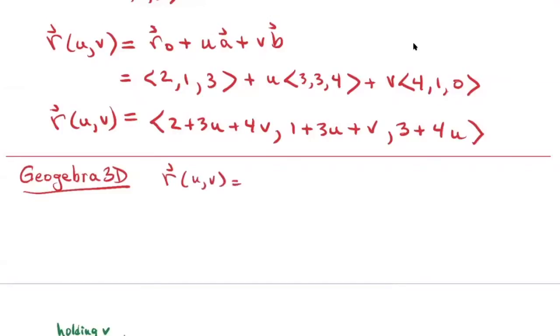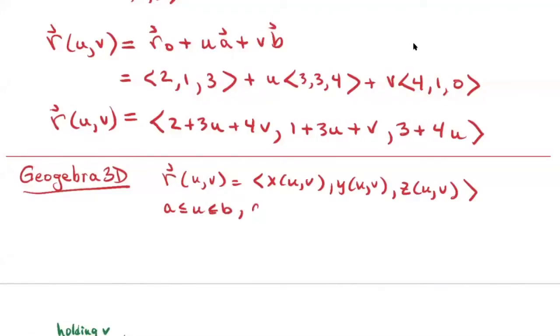And let's have that be, as I said before, x of uv, y of uv, z of uv, like that. There would be limits on u. So let's say a to b for u, and c to d for v.